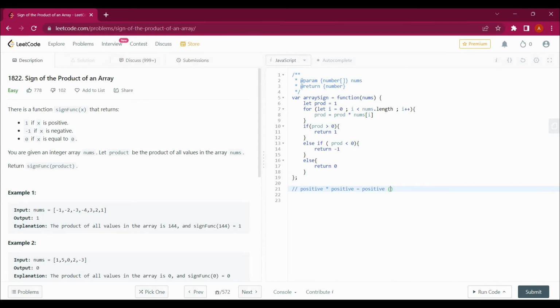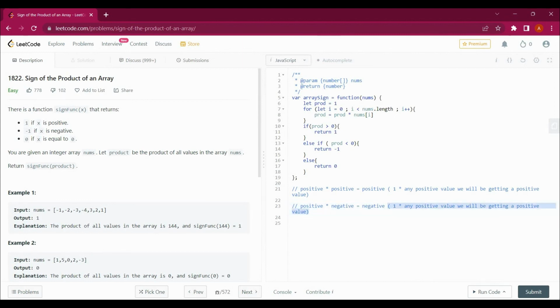Even if we multiply 1 into any positive value, we will get a positive value. However, if we multiply positive by negative, we will get a negative.